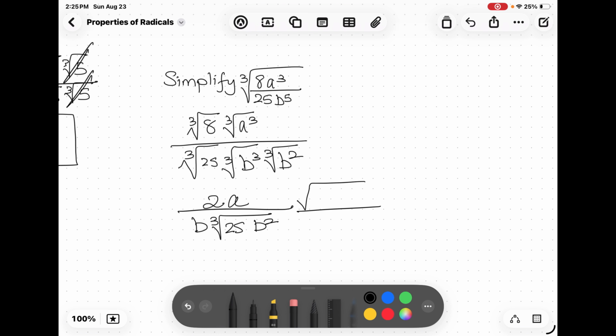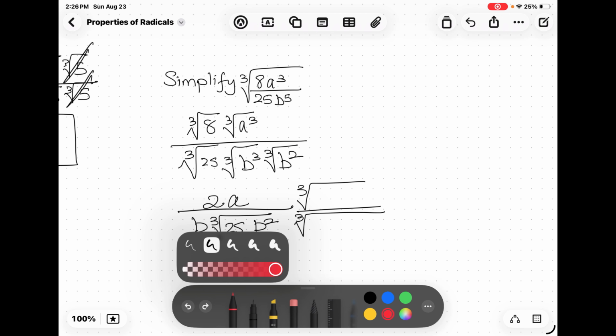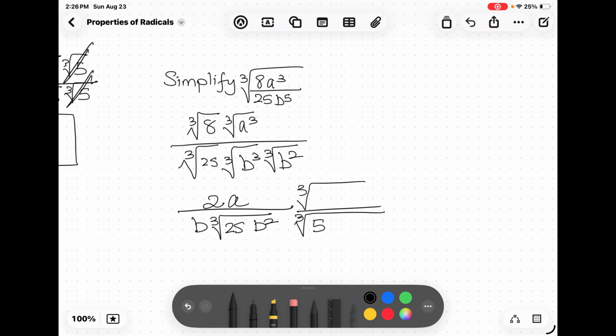So in my mind, I immediately think, well, to rationalize this, I'm going to need a cube root of something. And what's it going to be? Well, I've got two 5s, so I need another. And I've got two b's, so I need another.